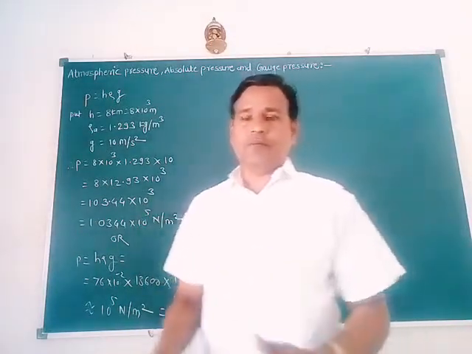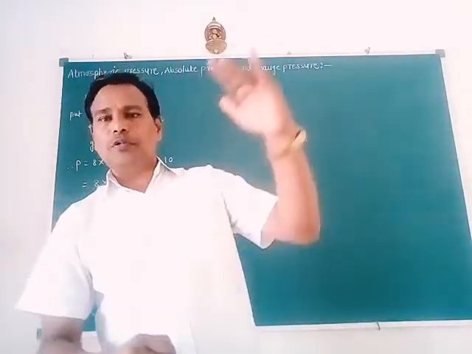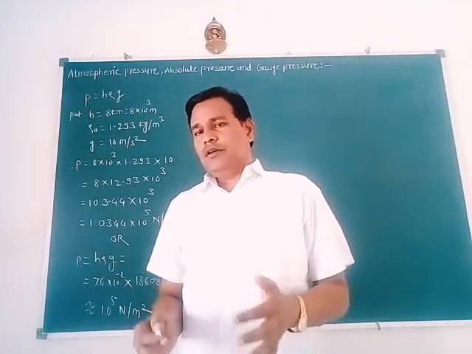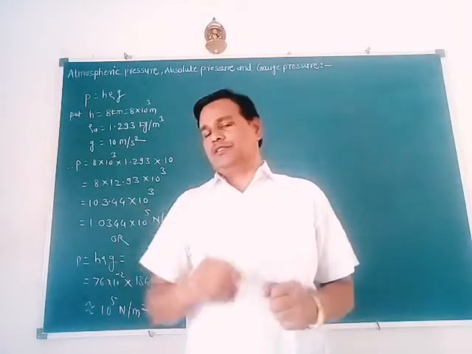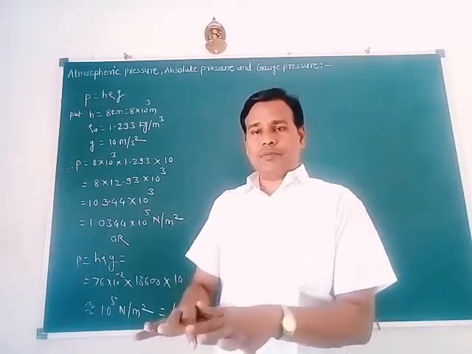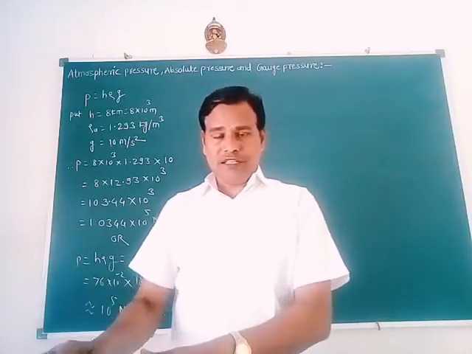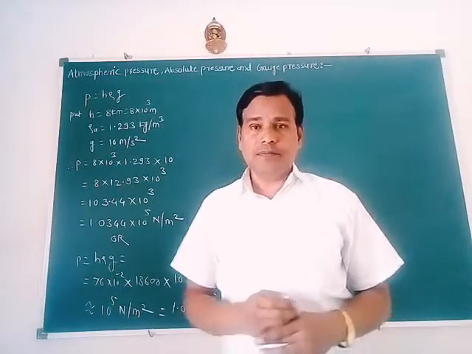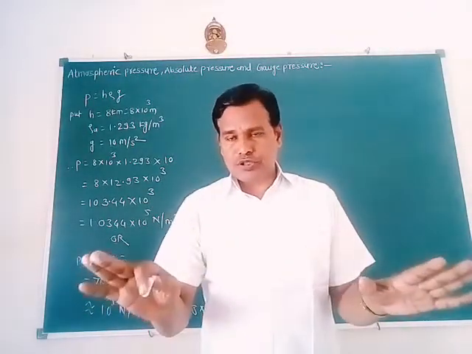One thing must be remembered, as we move in upward direction from sea level in the atmospheric layers, the pressure decreases. So atmospheric pressure is maximum at sea level, and it decreases with height, and beyond 8 km height there is no pressure.